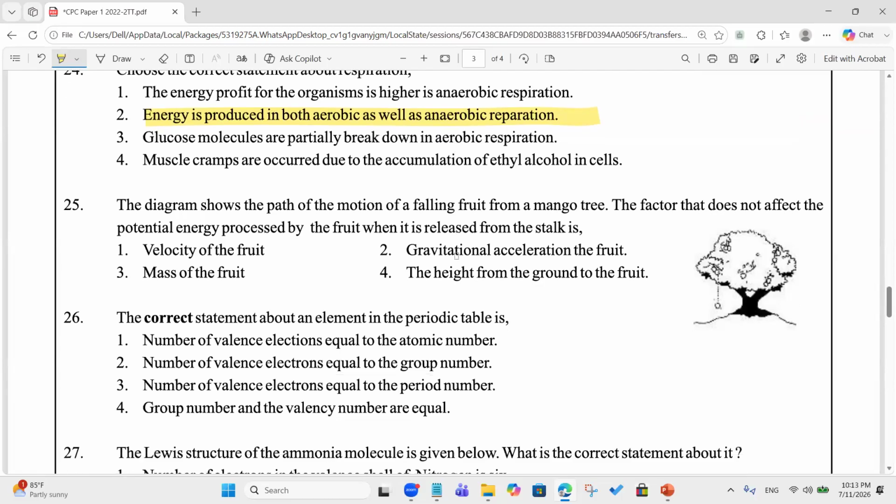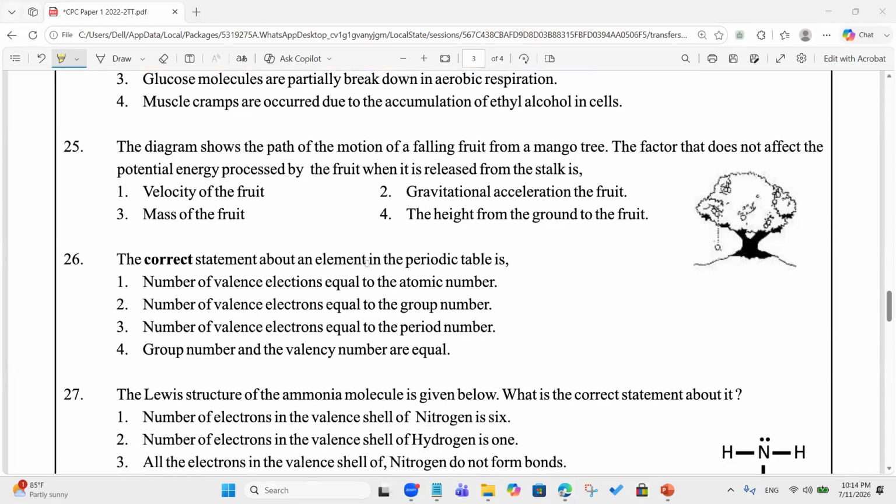Okay, number 25. Vinuja, can you take the chance? Read number 25. The diagram shows the path of motion of falling fruit from a mango tree.